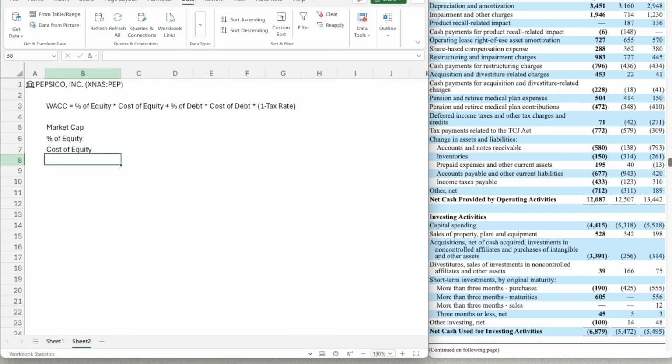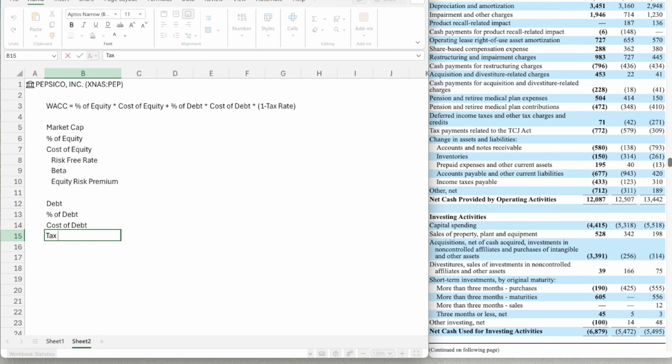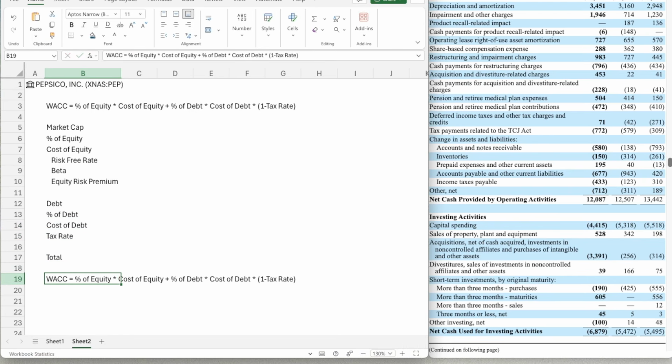And what the cost of equity consists of, it's the risk-free rate plus your beta multiplied by your equity risk premium. The next bit is the debt, percentage of debt, cost of debt, tax rate, total, and we have the WACC.